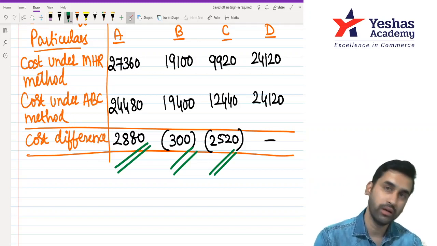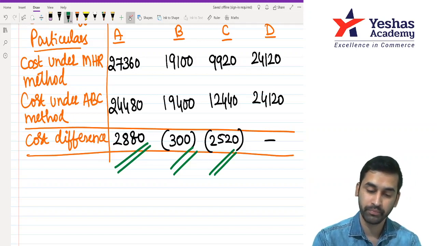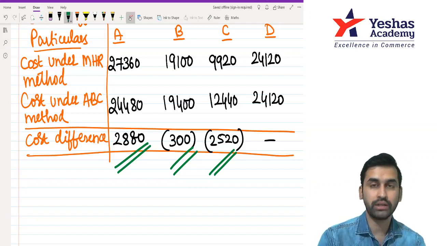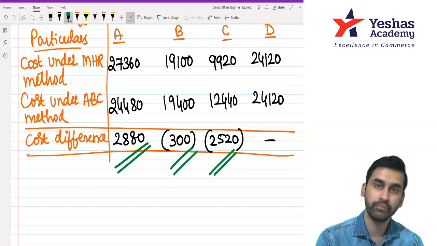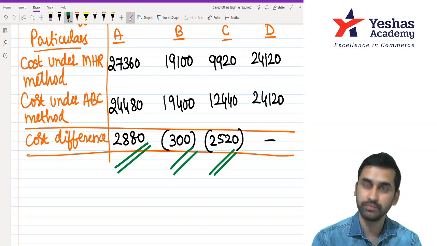Accordingly, cost differences will obviously occur.